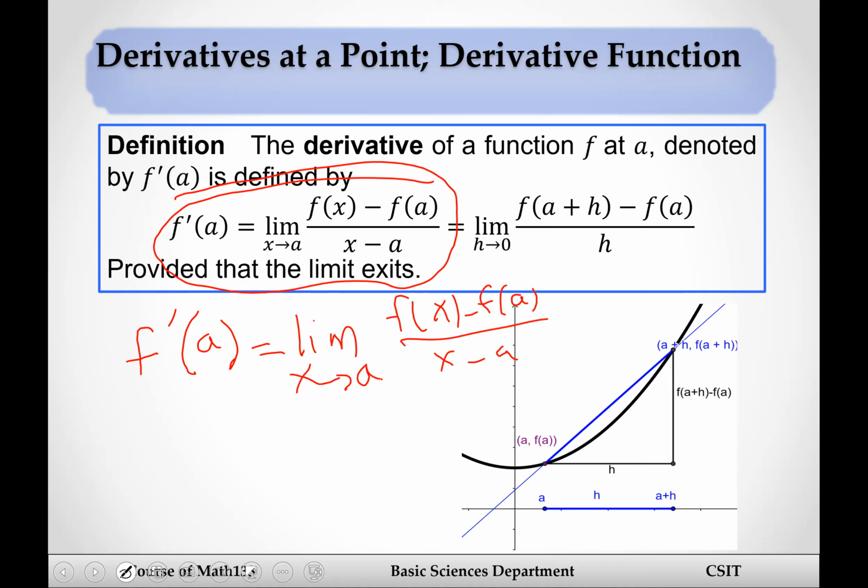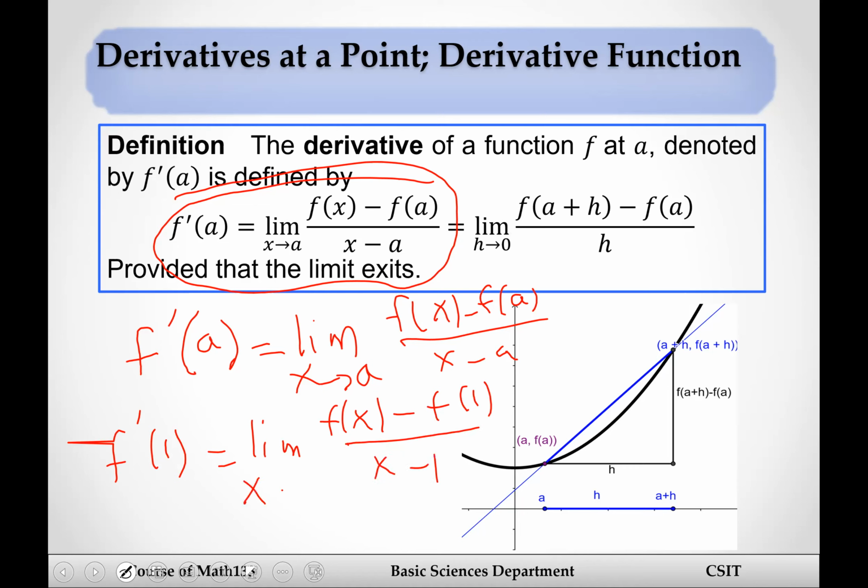Let me write it for a given point. Let's say I will compute f prime of 1. Then this is the limit of f of x minus f of 1 over x minus 1, and the limit is taken when x approaches 1.